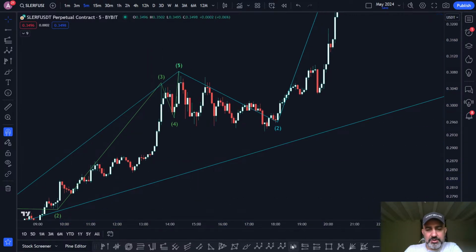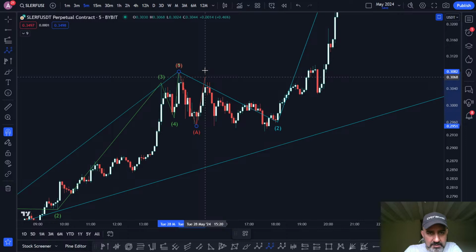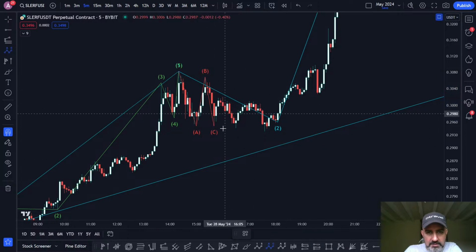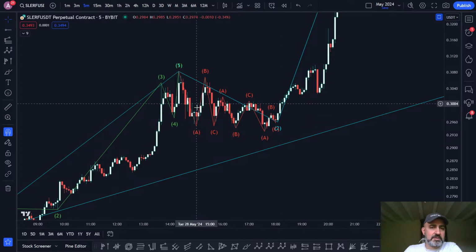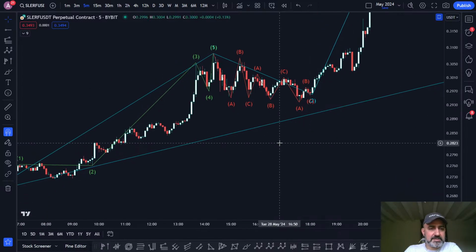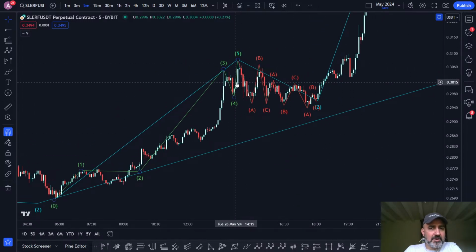And effectively what you have is this. I'll show you: A, B, C, A, B, C. Kind of like an A, B, C. See that? You're just counting ABCs to try and calculate.